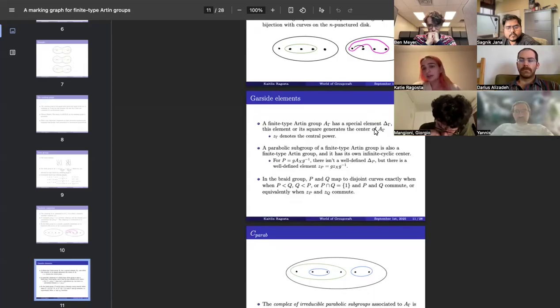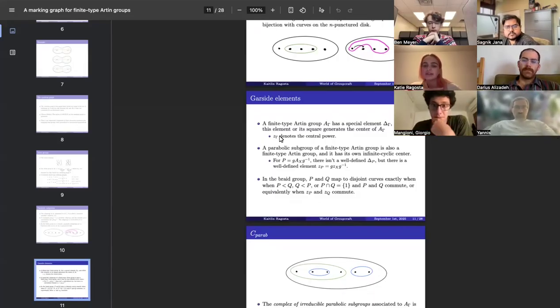Either this element or its square generates the center of the Artin group. Whatever the central power is, I'm going to denote it by Z. A parabolic subgroup of a finite-type Artin group is also a finite-type Artin group, and it has its own infinite cyclic center. I'm going to denote that Z sub P for a parabolic subgroup P.